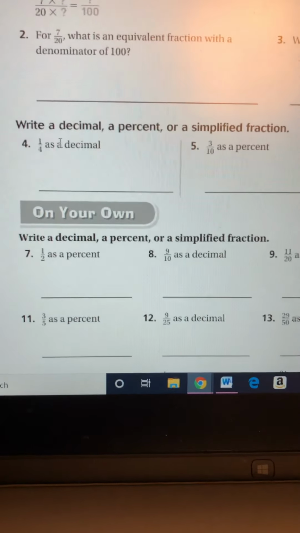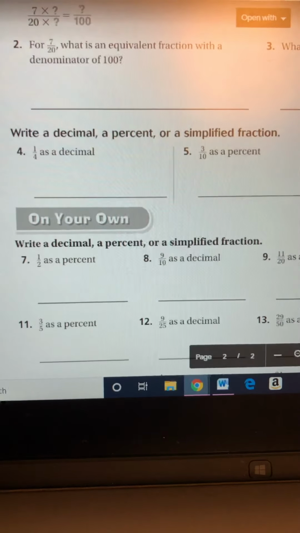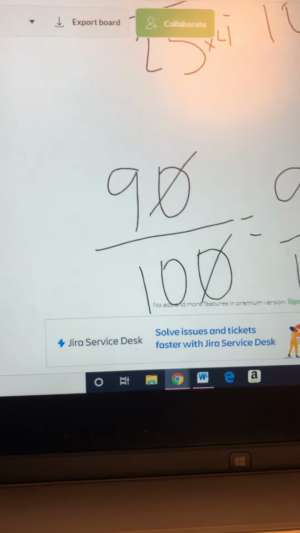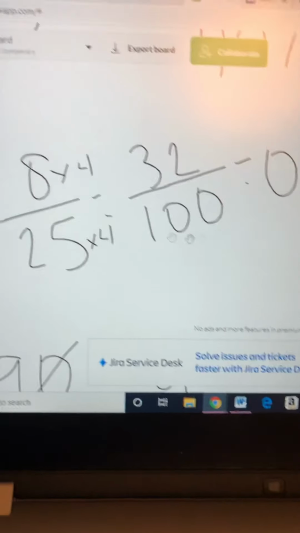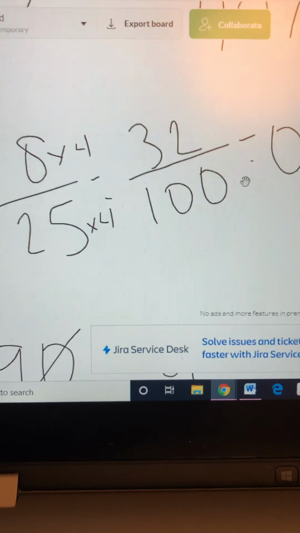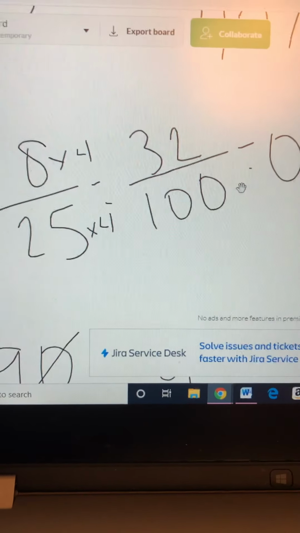They want you to write 1/4 as a decimal, which remember, once again, we did over here. You're still going to make it out of 100. Make 1/4 an equivalent fraction to 100.